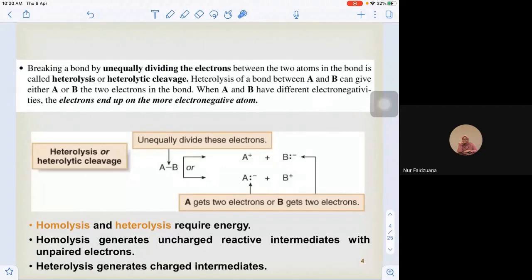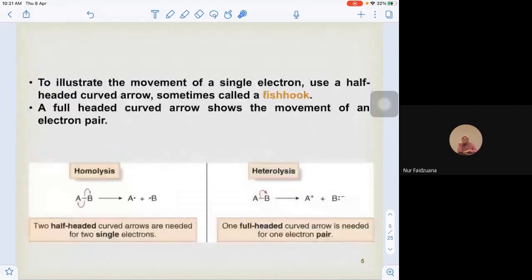The difference between the two is just the products formed. Homolysis produces uncharged reactive intermediates with unpaired electrons, what we call radicals. Heterolysis produces charged intermediates, a positive species and a negative species. The product of homolysis is uncharged but very reactive, while heterolysis gives charged species.